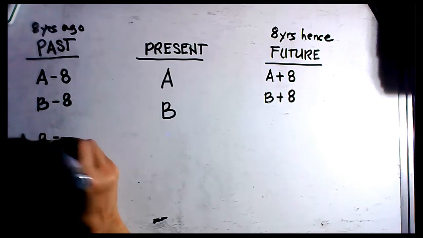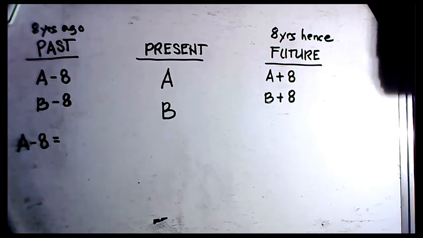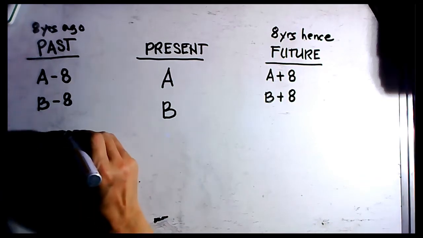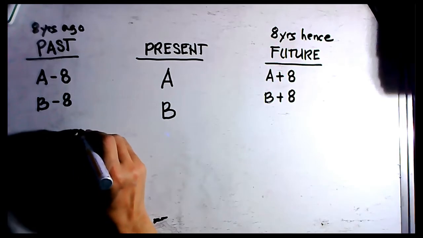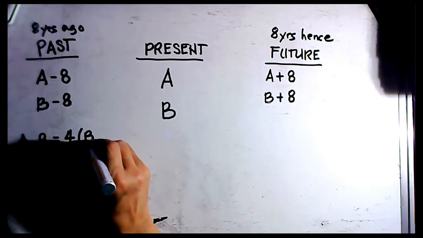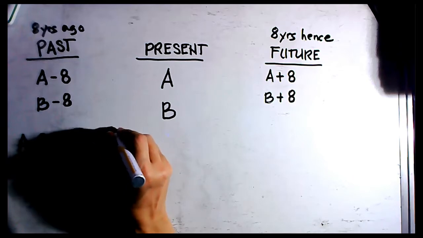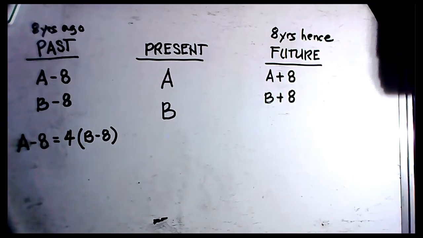And according to the problem, A was 4 times as old as B 8 years ago. The age of B 8 years ago is B minus 8, so we multiply 4 with B minus 8. That is the first phrase.